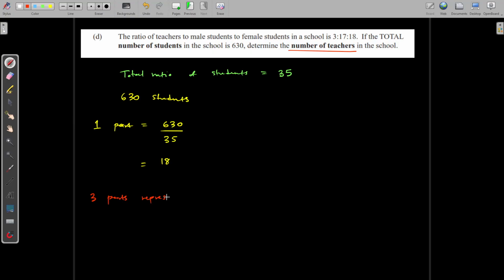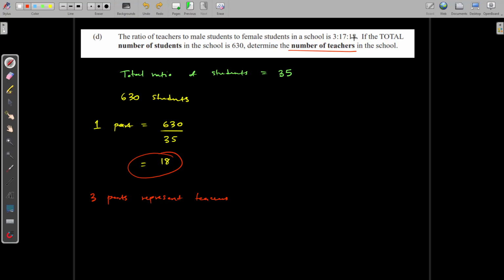represent teachers. What does the 18 represent? So 18 will represent one part of this ratio. So you see we have 3 to 17 to 18 over here, so each one part represents 18 people. So it's like being multiplied by 18 per se.